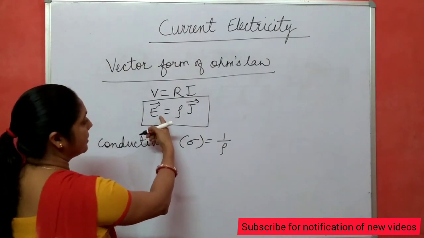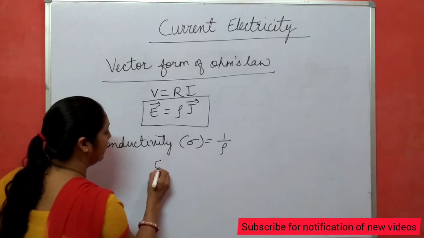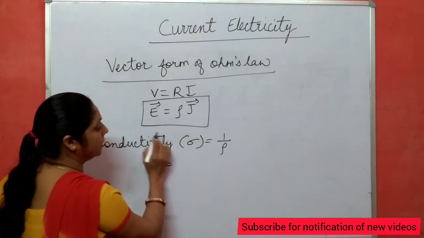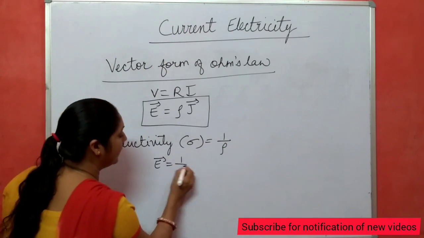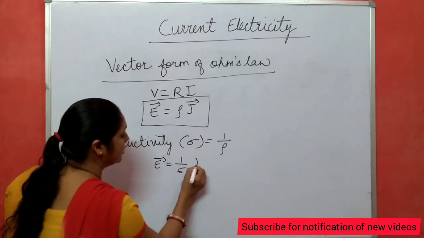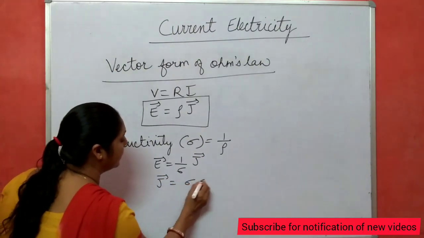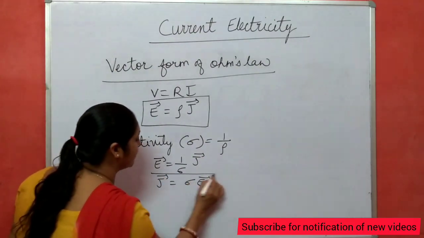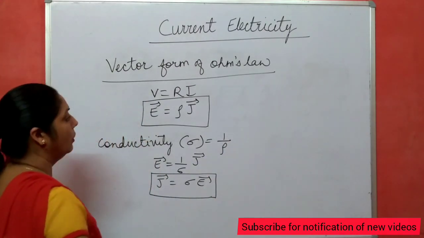So we can write the vector form of Ohm's law in another way. In place of rho, you write 1 by sigma: E equals 1 by sigma J. So J equals sigma E. This is also another vector form of Ohm's law.